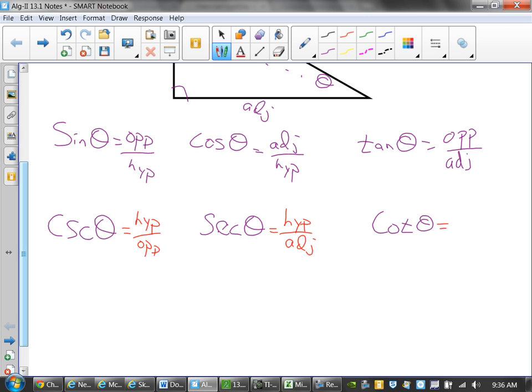And then lastly, cotangent is adjacent over opposite. To be honest with you, when you're solving right triangles using trigonometry, you're usually going to use the normal ones because that's what the buttons on your calculator do. But just remember, sometimes they might give you the secant is blank over blank. That means you just have to remember what parts it goes into for the triangle. That's all it is.